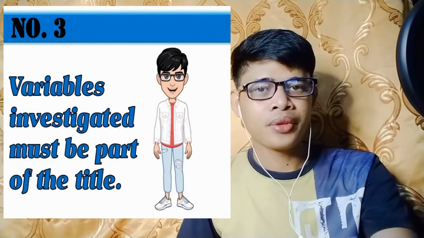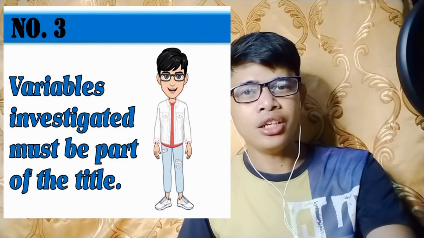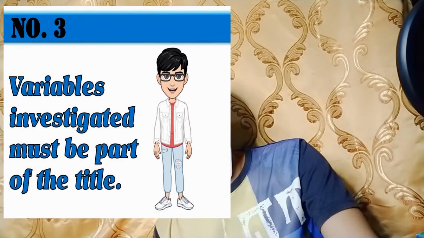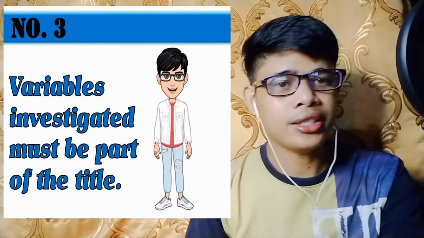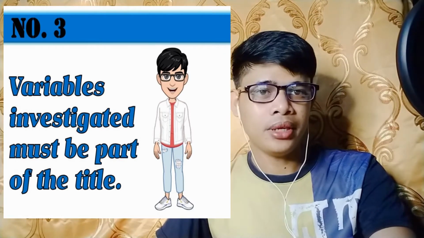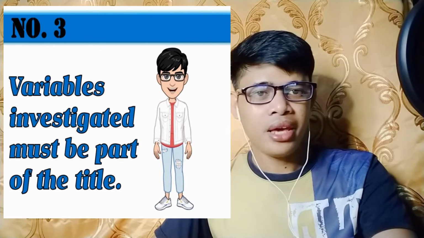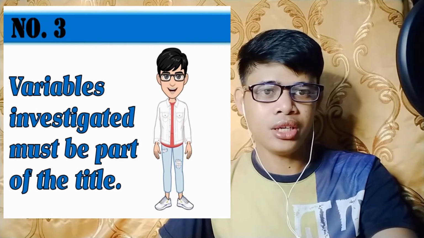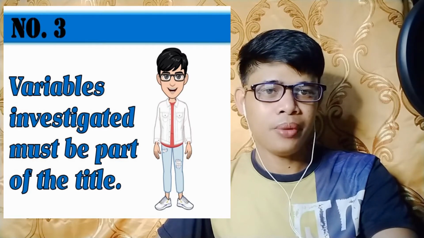And the variables investigated in the study must also be present in your title. So it should contain, I think, probably the dependent variables, and for some titles it should contain independent variables.